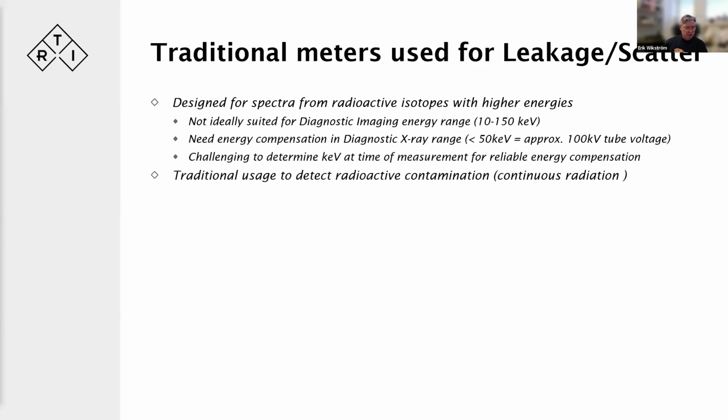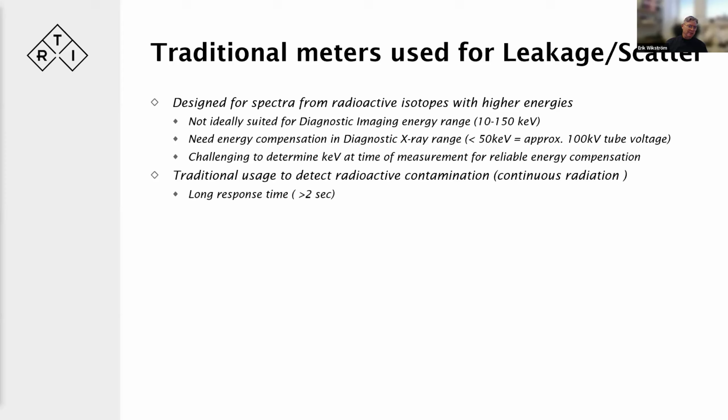Like we said, the traditional usage there is to detect radioactive contamination of different sorts. So that's a continuous radiation, a long time radiation. That's also different from normal diagnostic imaging.